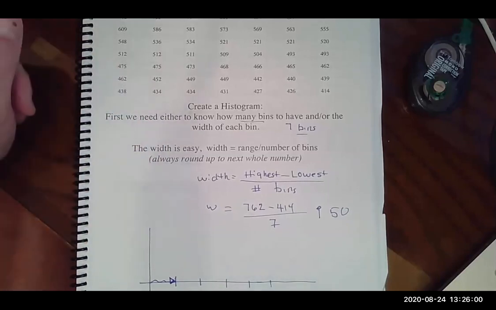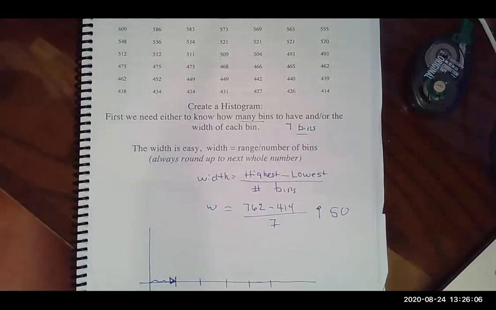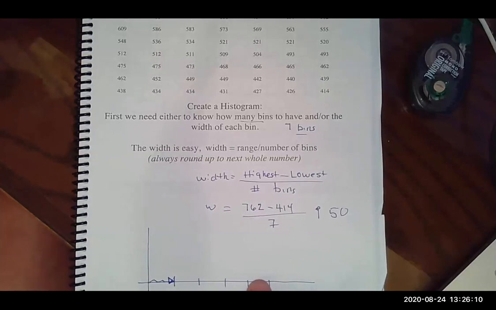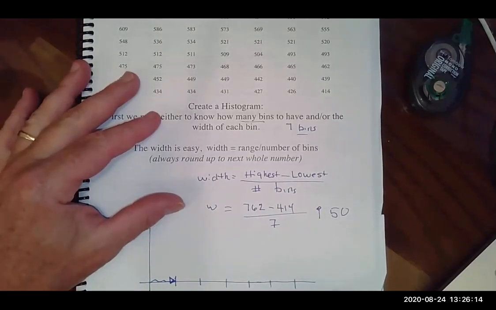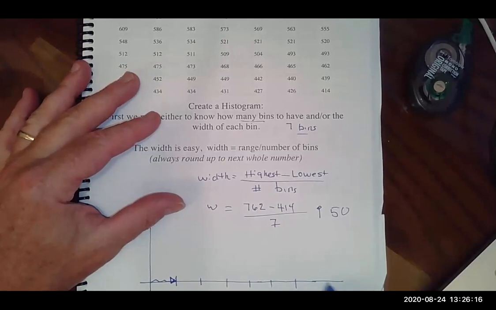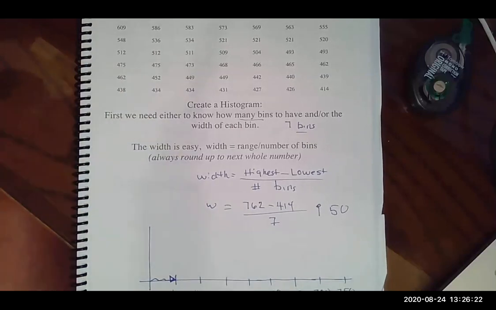How many rectangles or bins am I supposed to have again? 7, right. So right now I have 1, 2, 3, 4. I'm only allowed 3 more. So let's see what happens. 650, 700, 750. Okay, 1, 2, 3, 4, 5, 6, 7. I have 7 rectangles or 7 bins.